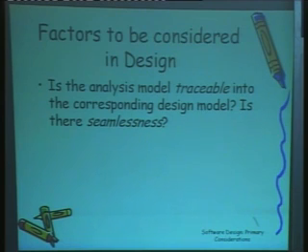This is another important point. Is the analysis model traceable into the corresponding design model? So you have done data flow analysis, you have done entity relationships. Can you trace them into your designs? Can you show how an entity in the entity relationship model has been mapped onto another design entity?